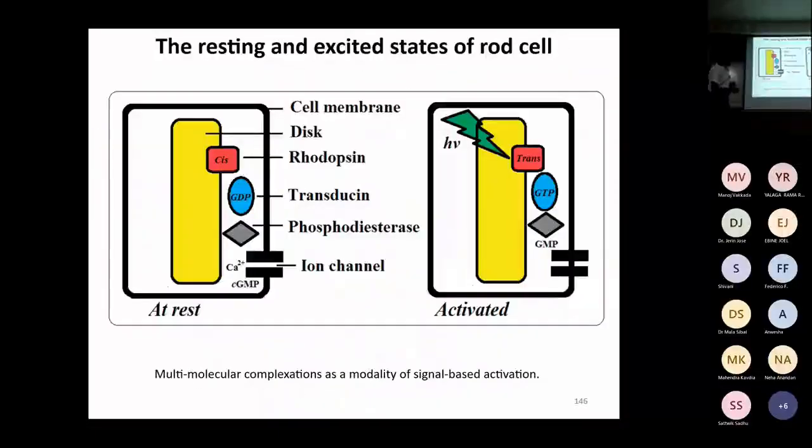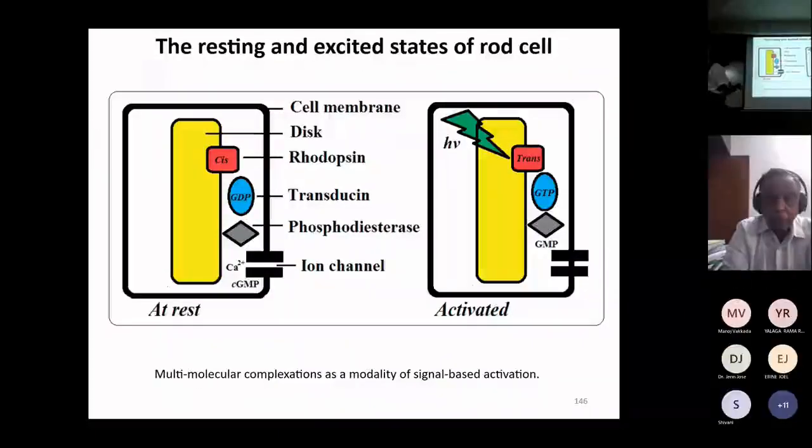Now, this is the difference. This is how the rod cell looks in the resting state, and when the light hits, transducin binds to GTP and recruits cyclic GMP; the ion channel opens, calcium and cyclic GMP are there. Then it gets converted to GMP and this is activated. So it is multimolecular, as I told you.